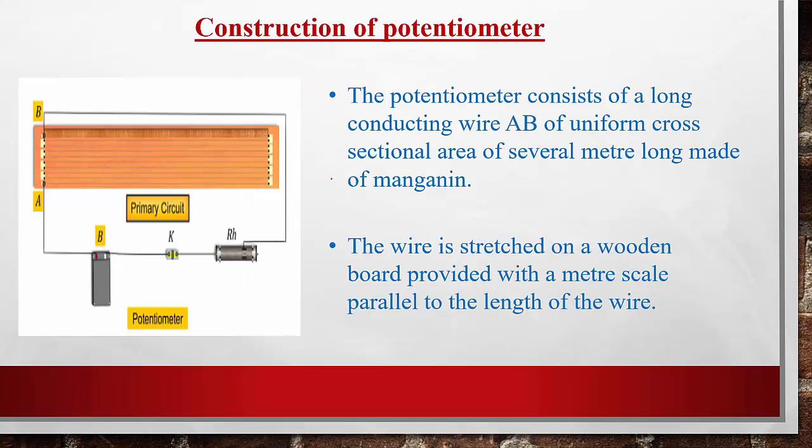Now we can study the construction of a potentiometer. What does it consist of? The potentiometer consists of a long conducting wire AB of uniform cross-sectional area, several meters long, made of manganese. You can use manganese or constantan wire. Sometimes we can use nichrome.